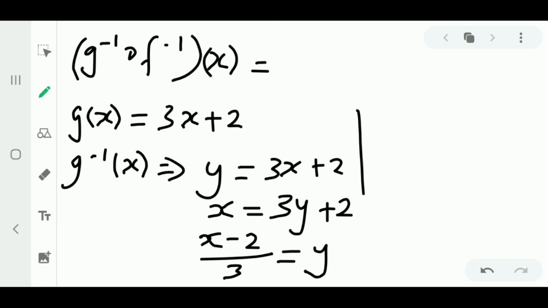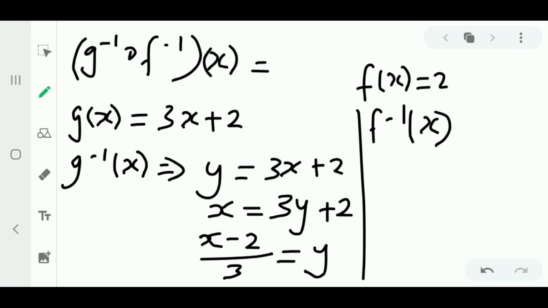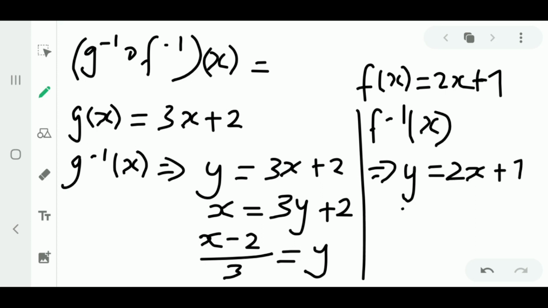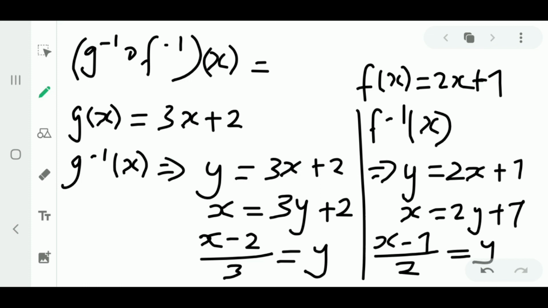Now we need to find f inverse. f of x was equal to 2x plus 7, so y is equal to 2x plus 7. Interchange x and y, so x is equal to 2y plus 7. Make y the subject, so it's x minus 7 over 2 is equal to y.